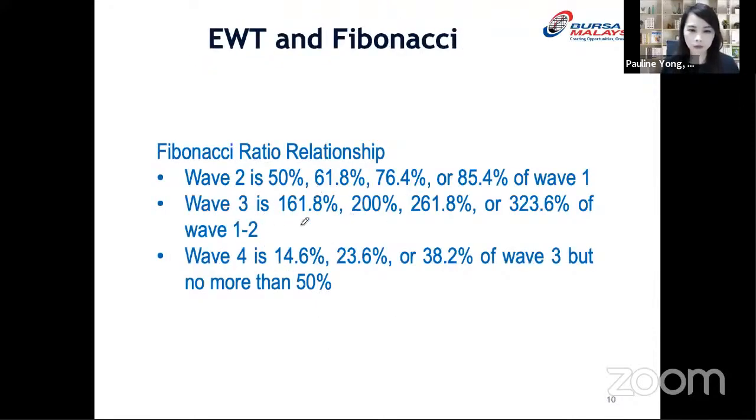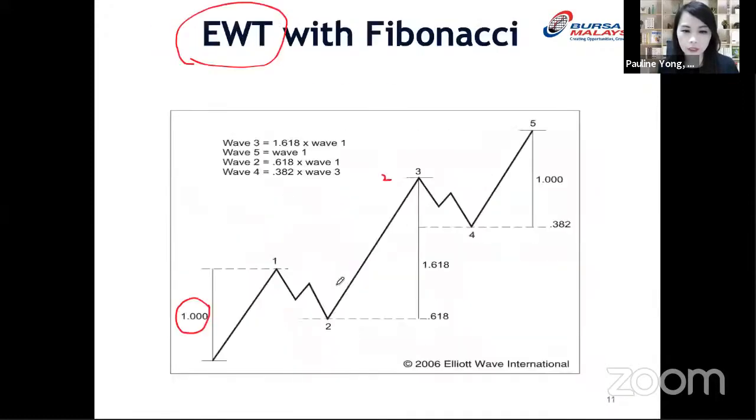So that will be wave number 3. Then wave number 4 is the correction part, whereby we are looking at 14.6, 23.6, 38.2 of wave 3, but no more than 50%. So what we are looking at in theory is that wave number 4, this correction, is shallower than wave number 2.